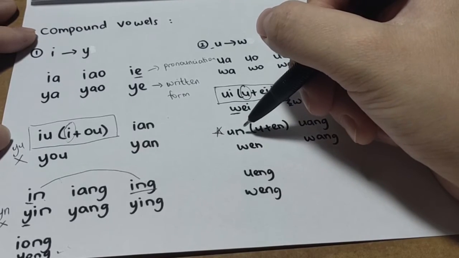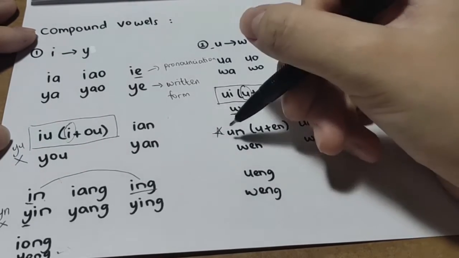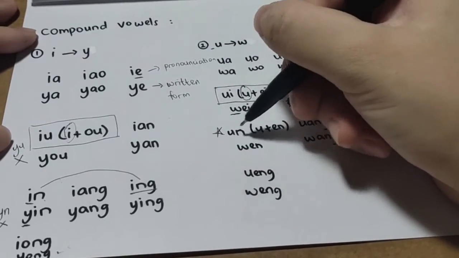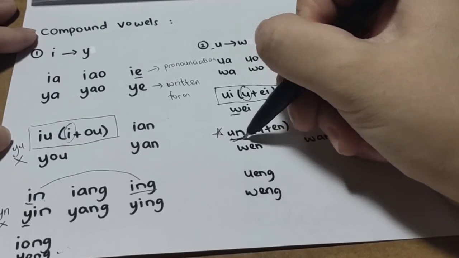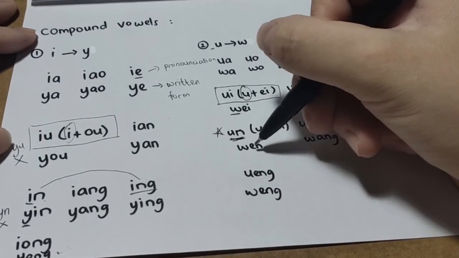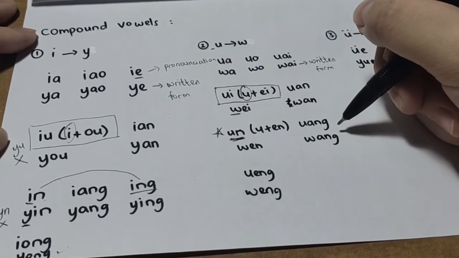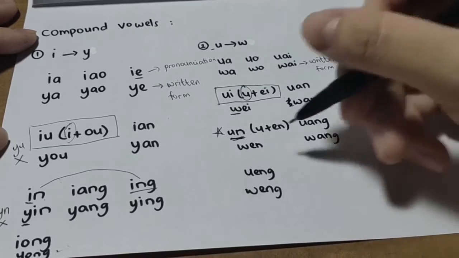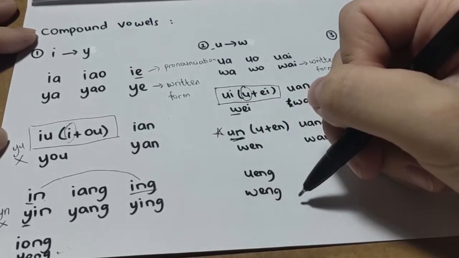We pronounce it as un, not un. So we need to be careful when there is un sound. Un, wang.